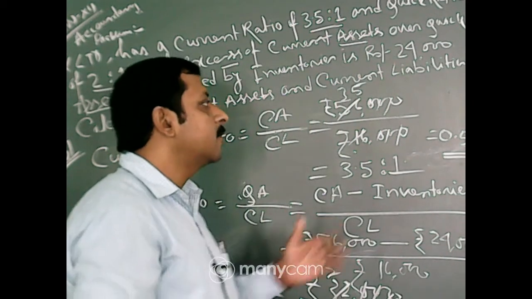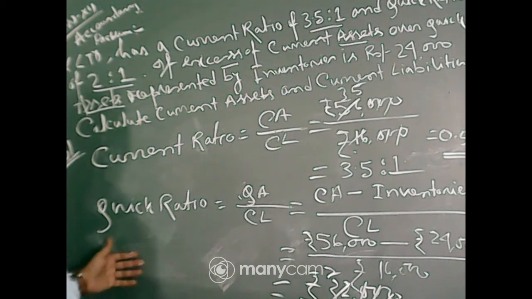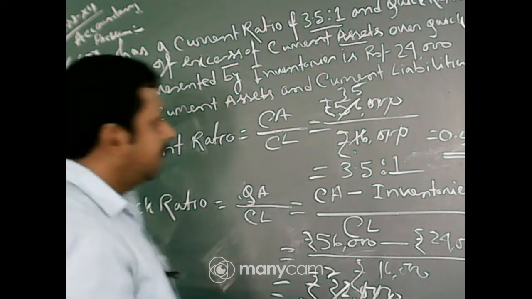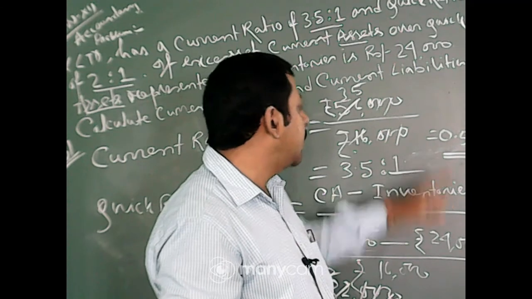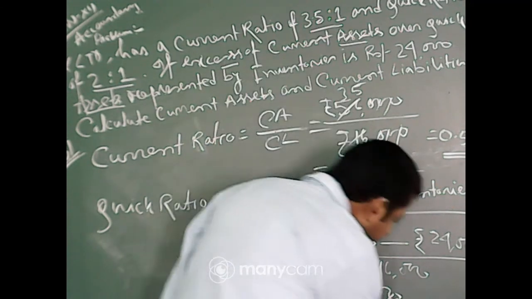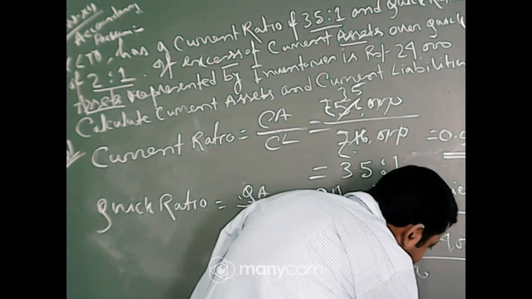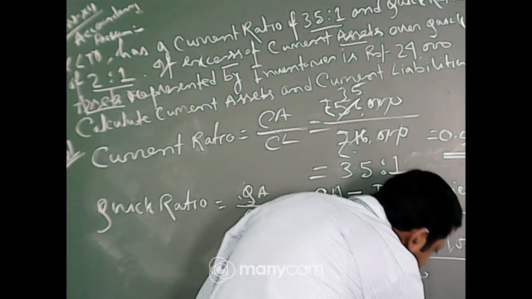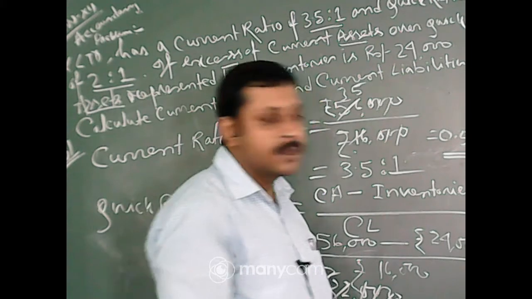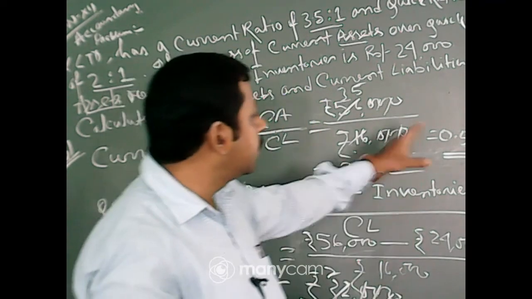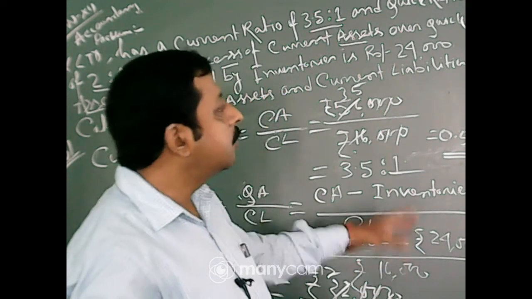The difference between current asset and current liabilities is the working capital. Your working capital is very low, and the same thing happens if the quick ratio is 0.4:1, where for 1 rupee of liability your quick asset is very little. This situation is bad for the company.